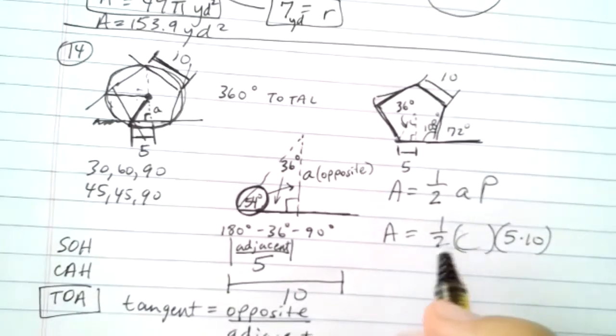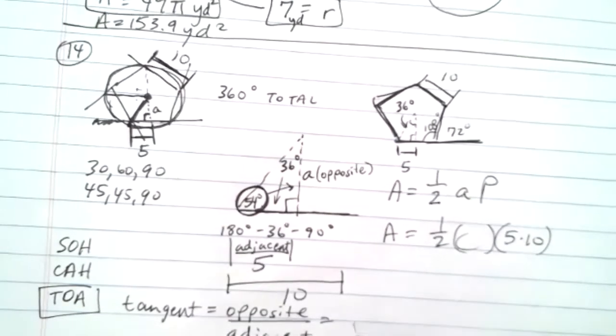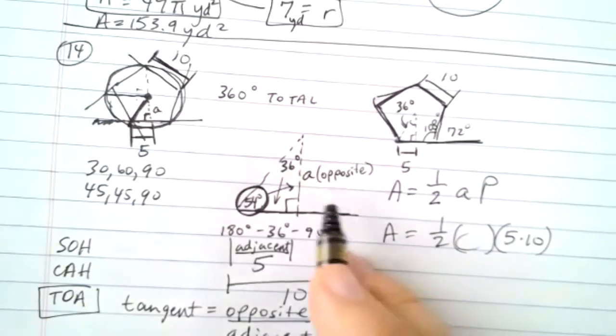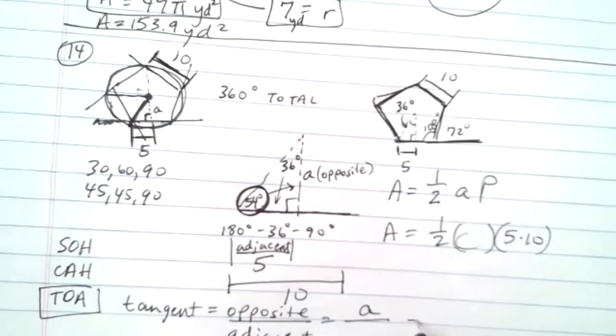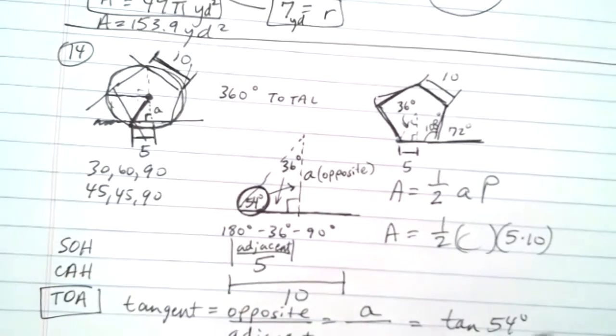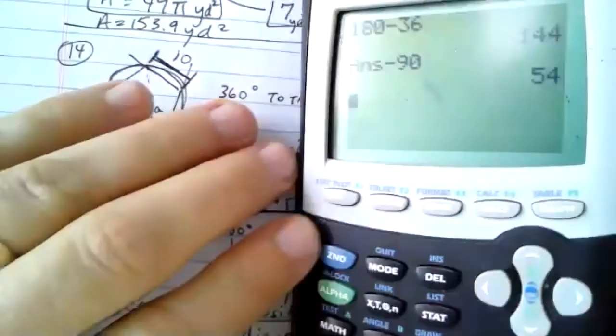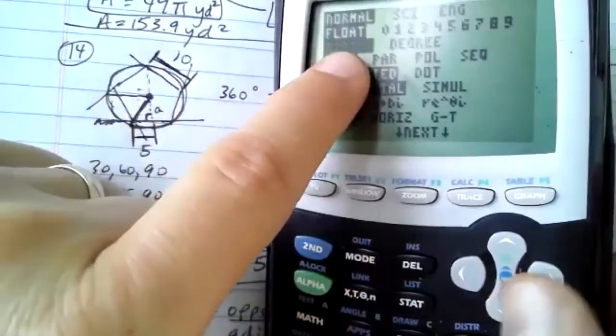Okay, you've got to remember, if you're using a calculator to calculate this stuff, you're going to have to make sure your calculator's in degrees. So if I were to find the tangent of 54 degrees, my calculator needs to be in degrees, so I'm going to make sure my mode is right. If you'll notice right here, it says radian.